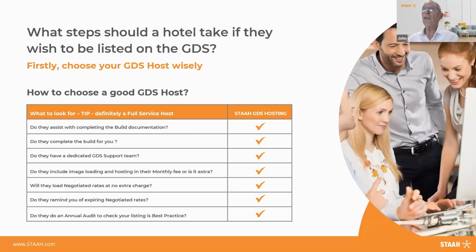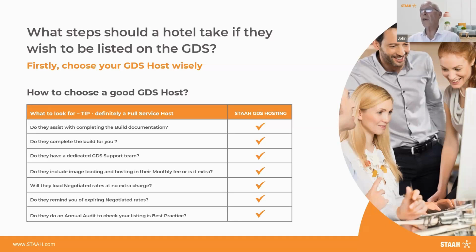We include image loading and hosting in our monthly fee because it's a service that we see as an integral part of what our offering is. However, some GDS hosts will want to charge you more for image loading and hosting.